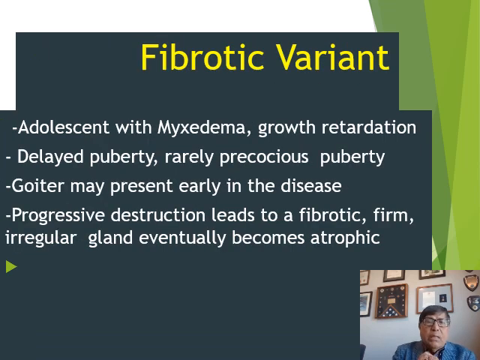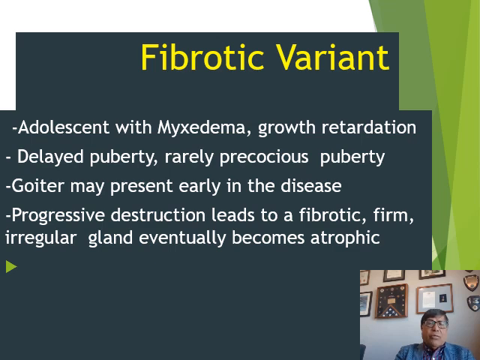And again, as I have just mentioned, there is the fibrotic form in the adolescent, presenting with myxedema, growth retardation, and delayed puberty. As I have already said, the goiter may have been there, but the process has been so aggressive that the gland has become fibrotic and eventually atrophic.